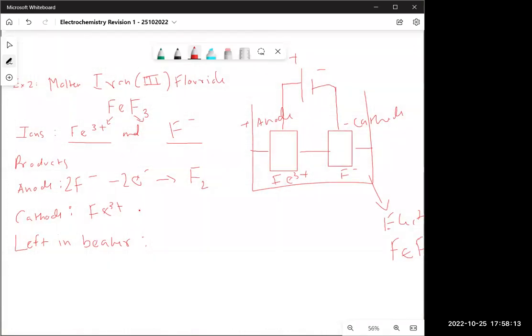Oxidation or reduction? Wait, read from your notebook. It will be reduction. Najla, what is reduction? It will gain electrons. Gain how many? Three. Because 3 plus, and this will become Fe. Fe is solid, this is F2 gas, because metals are solid and non-metals are gas.